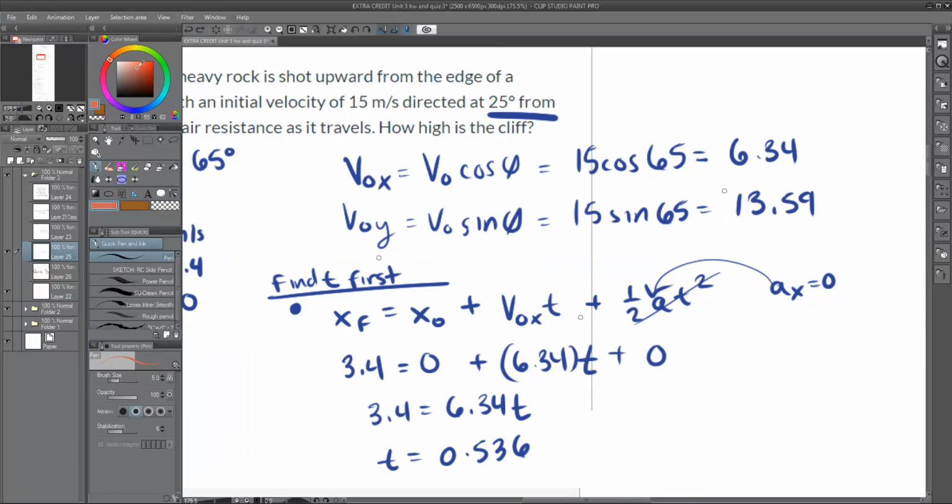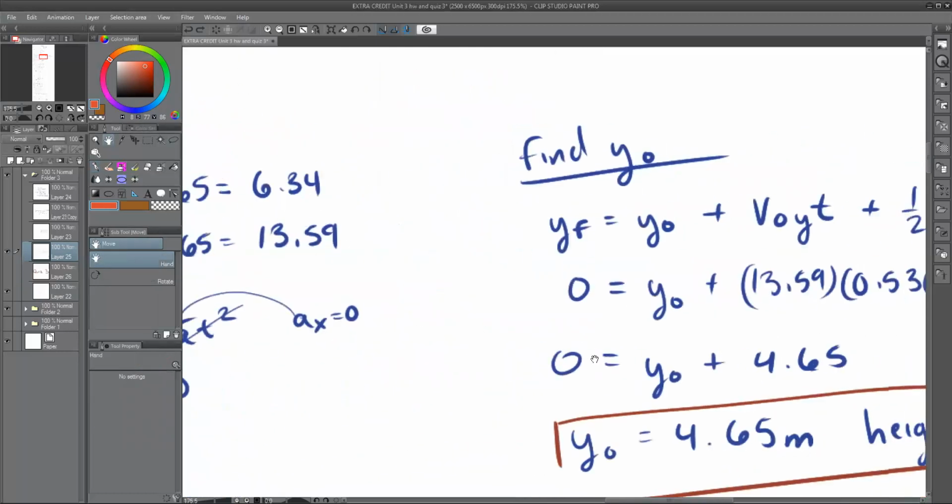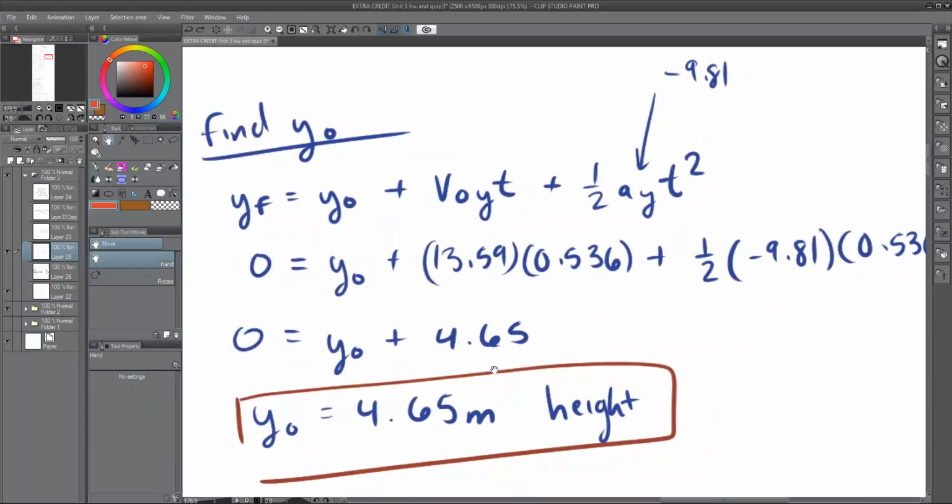There is no acceleration of the x component. As we just mentioned, it's 0. So this entire section is 0. This part doesn't matter. So once we plug everything in, we find that the value of t is 0.536 seconds.